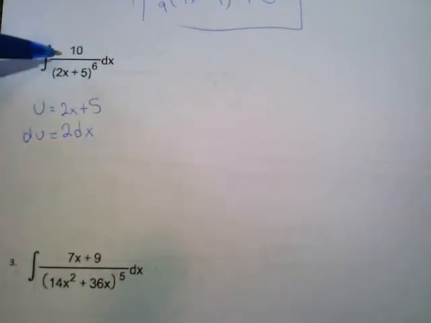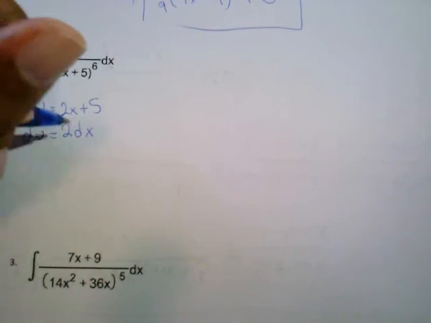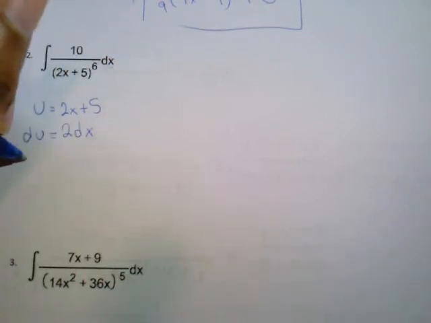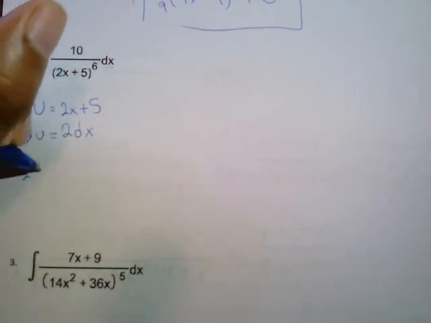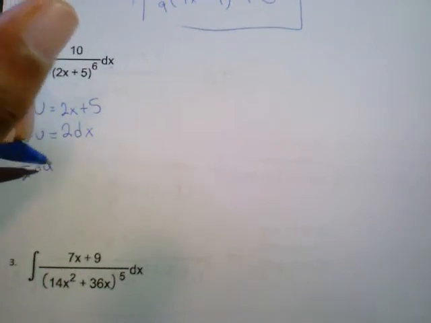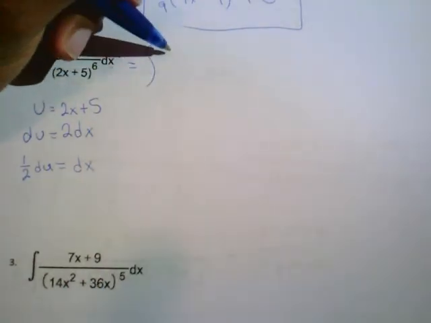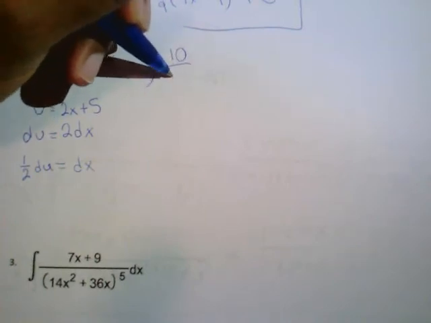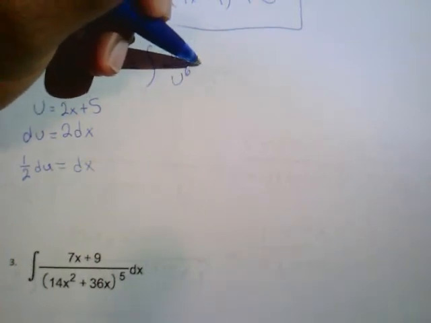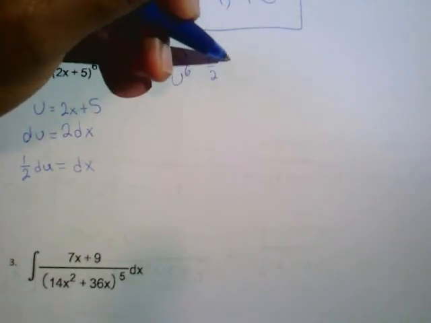Since there is no 2 dx in the problem, there is a dx, but we're going to substitute for dx. So we'll get the dx by itself in our equation here: 1/2 du, or du over 2, equals dx. So we'll take out dx, and in its place we'll put 1/2 du. Going back to the problem, this equals the integral of 10 over u to the 6th power times 1/2 du.